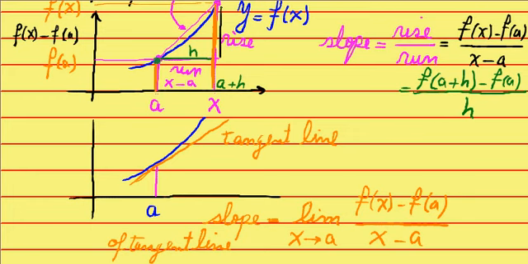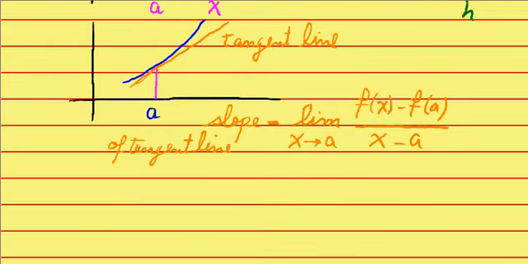So once again, second notation we have here for the run is just to call it, say, h. If we use that notation, then we will be allowed to use the similar notation here. Here I say limit of, instead of x, I write a plus h. A is as before. X minus a was converted to h.